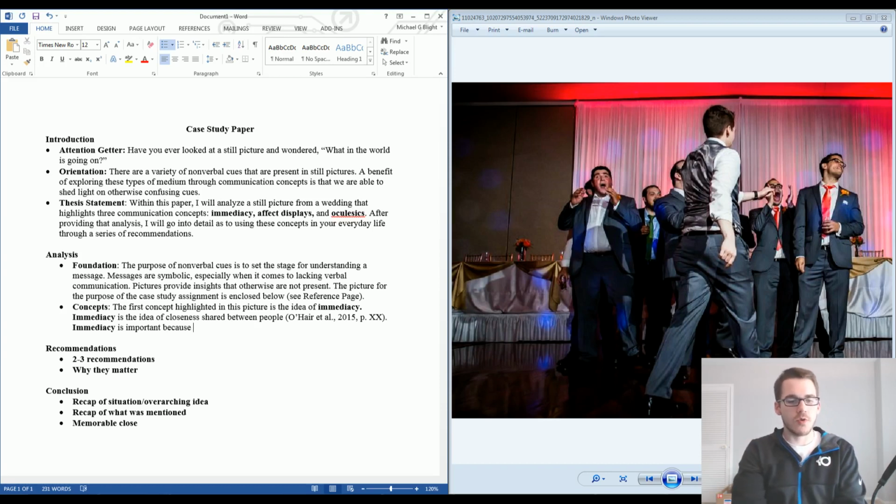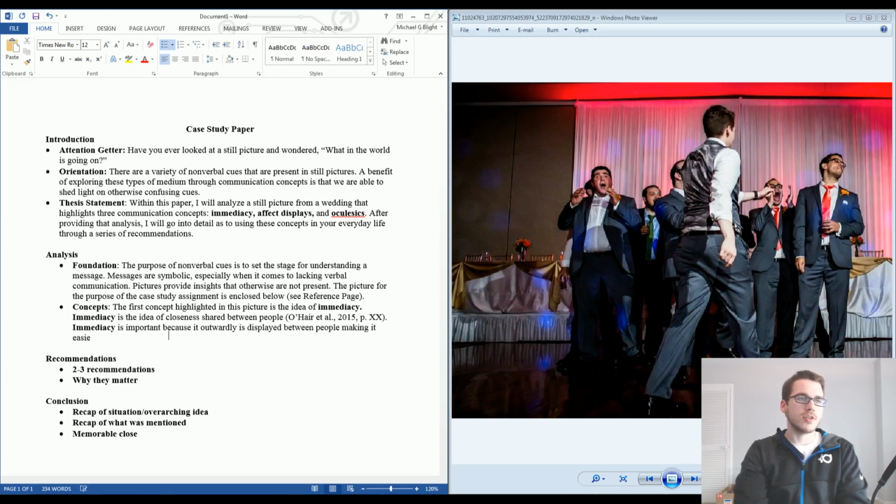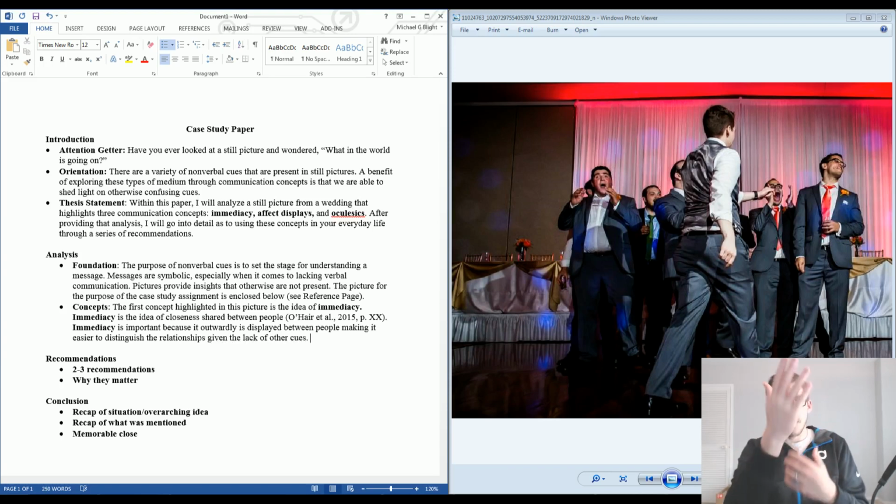So immediacy is important because it outwardly is displayed between people, making it easier to distinguish the relationships given the lack of other cues. Okay, so the argument is that with these nonverbal cues, since it's a picture, I don't get to see them horsing around with each other. I don't get to see them holding hands, whatever the situation might be.